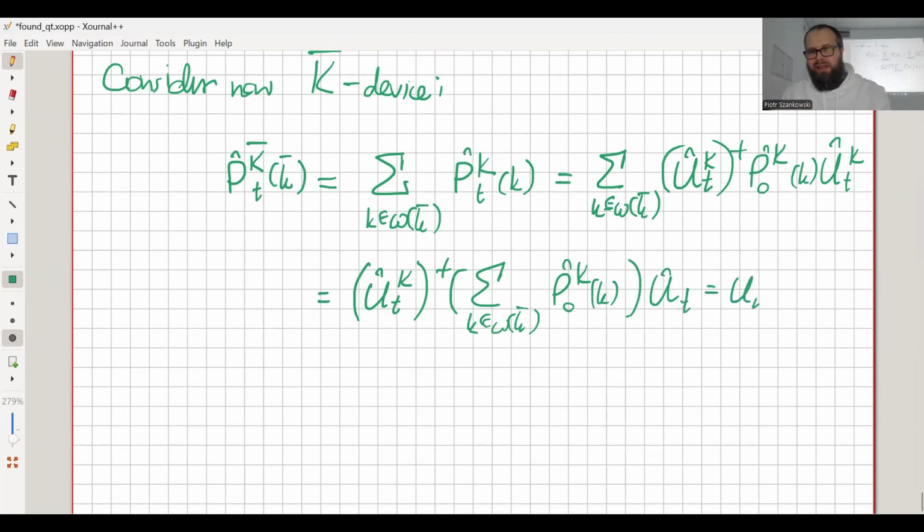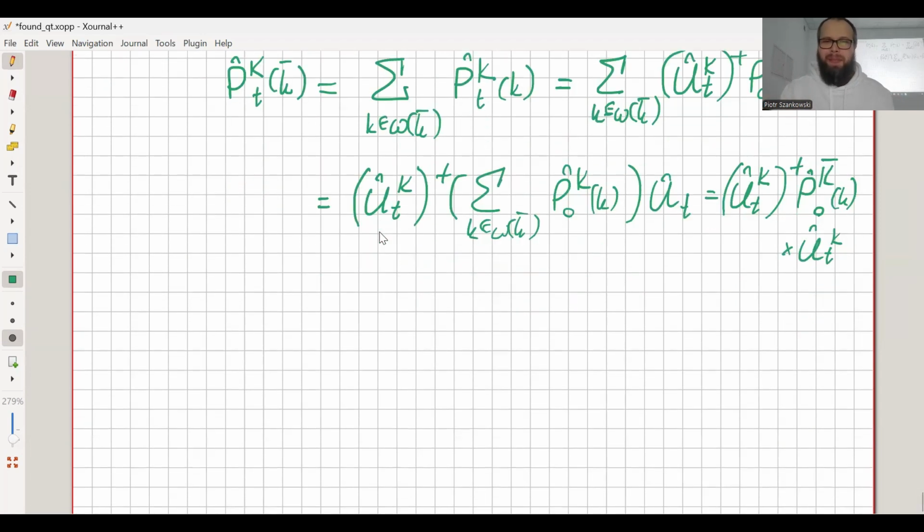And that's nothing else than P bar 0 k times U t k. All right. So U_k also works as a representation of dynamical law for any coarse grain version of k device. Okay, that's good. So it's more universal than just for one observable.